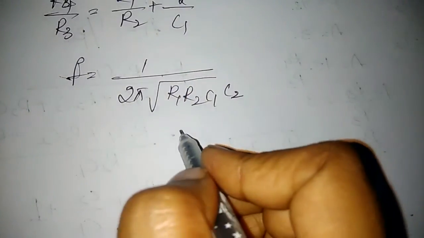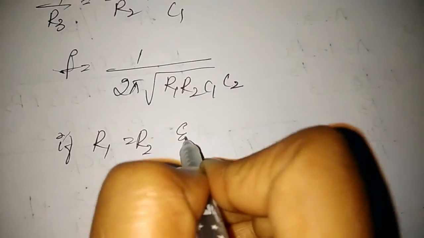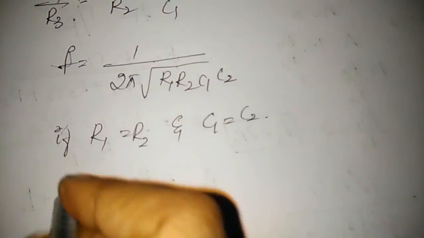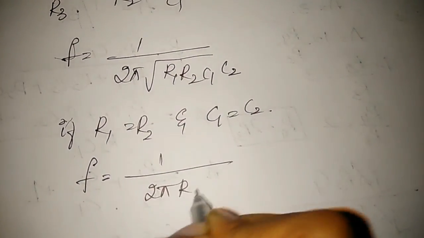Frequency is equal to 1 by 2 pi root of R1 R2 C1 C2. And if R1 is equal to R2 and C1 is equal to C2, we will get f is equal to 1 by 2 pi RC.